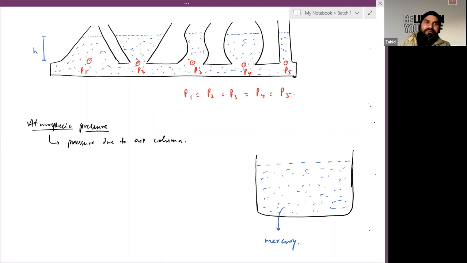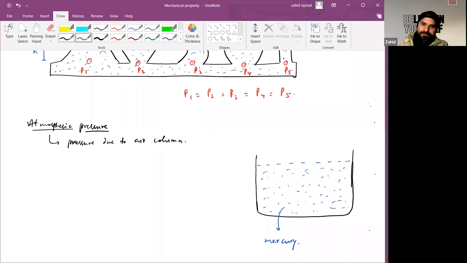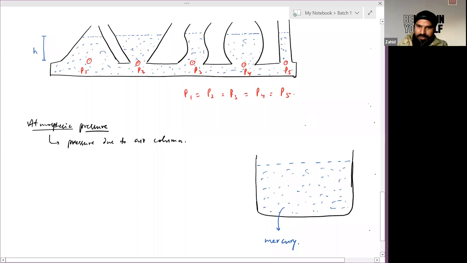Now, if an inverted evacuated capillary tube is inserted into it, a capillary tube or very thin tube, which is initially evacuated.